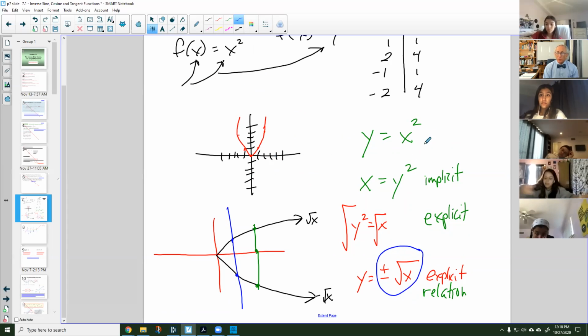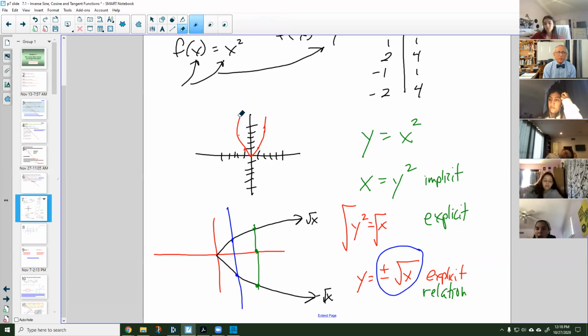So let's look at our function here, x squared. If I say, okay, I would like an inverse function out of this, but I am not going to pay any attention to this piece here. I am only paying attention to where x is greater than or equal to 0.